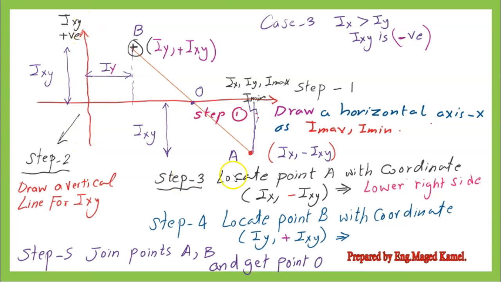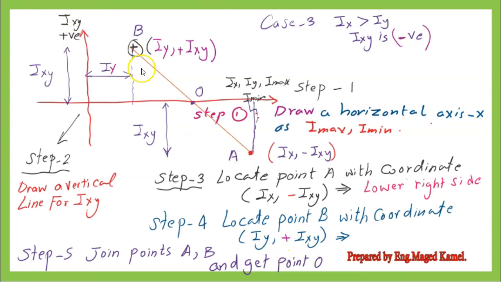Number 3, locate the point which has a coordinate of Ix, minus Ixy. Since we are talking about case number 3 of Mohr's circle, point A is drawn on the right side, and with Ixy downward, it will be on the lower right side. Number 4, locate point B, with a coordinate of Iy, plus Ixy.